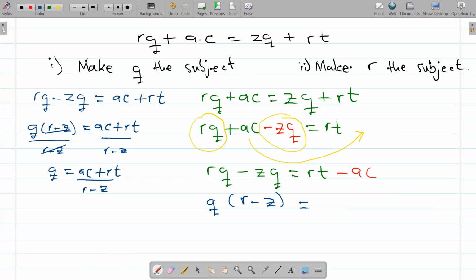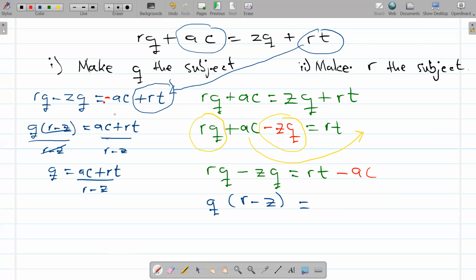You see, you moved the AC to join the RT, but the RT is still positive, judging from what we have here. But your AC, when it moved, you should have changed it to negative, which you didn't do. Yes, whenever it moves, the sign changes.